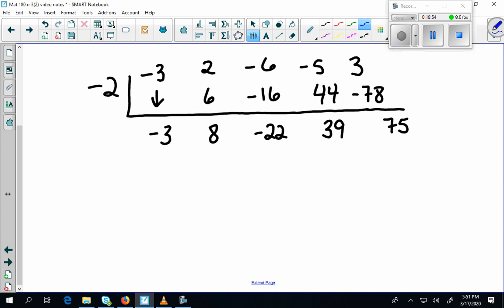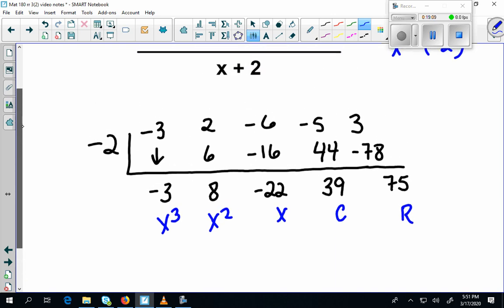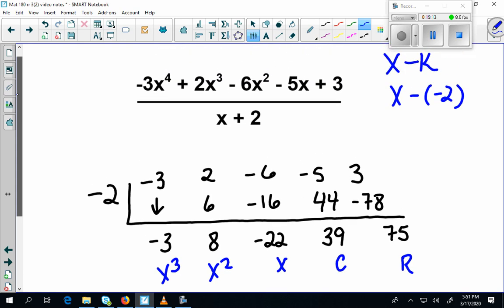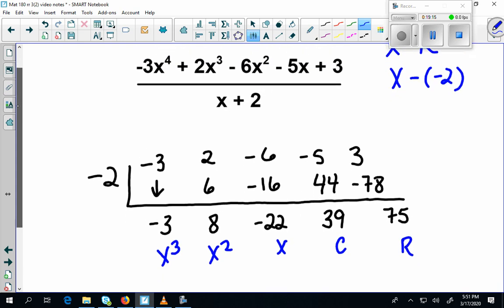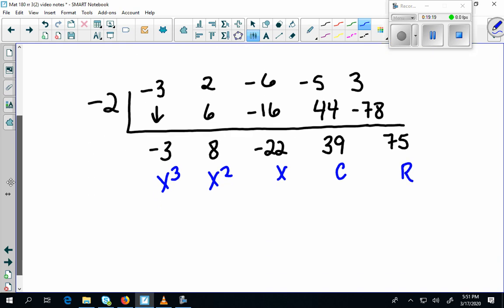Then I want to start at the right and go left. So I have remainder, constant, x squared, x to the third. I'm ending up with my highest power in my answer being 3, and that's 1 less than in my original function that I divided, so that's good.